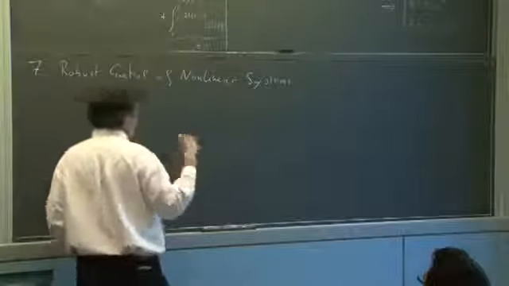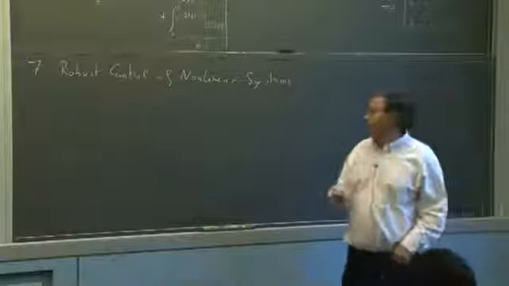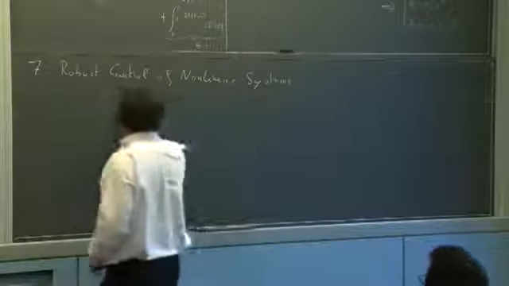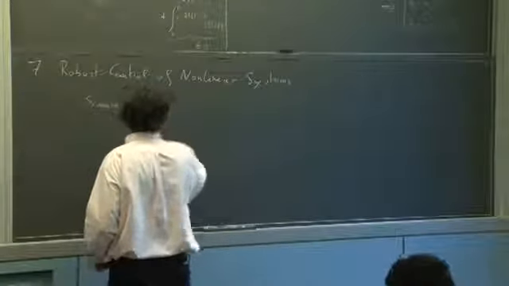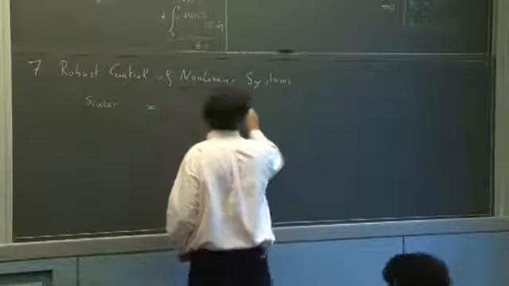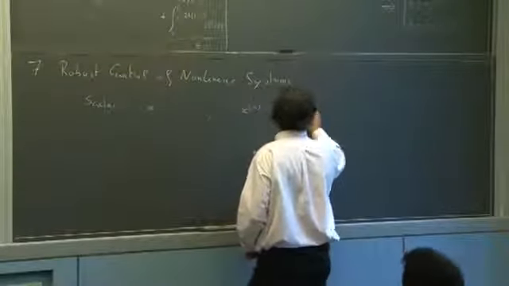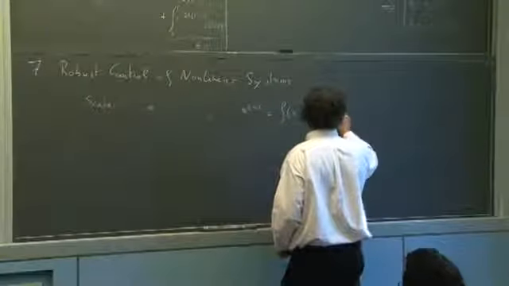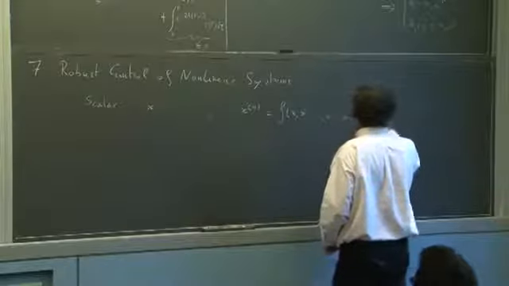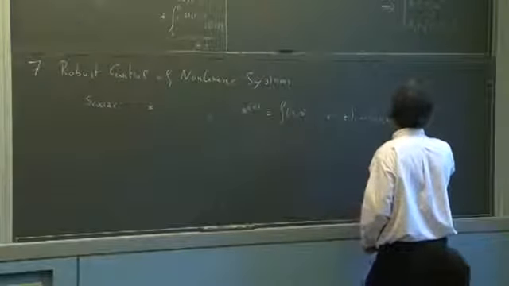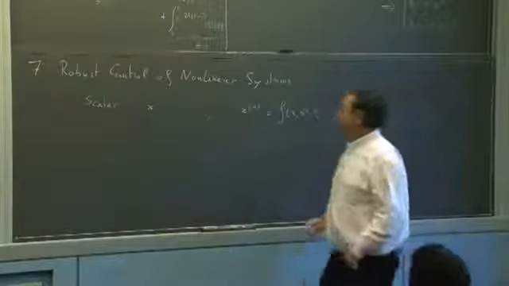And typically, we're going to consider n-dimensional versions of F equal ma kinds of problems. So if you have a scalar x, we're going to look at systems corresponding to differential equations of the form f of x, x dot, up to x to the n minus 1, and t, plus b of x, x dot, up to x to the n minus 1, and t, times some scalar control input.